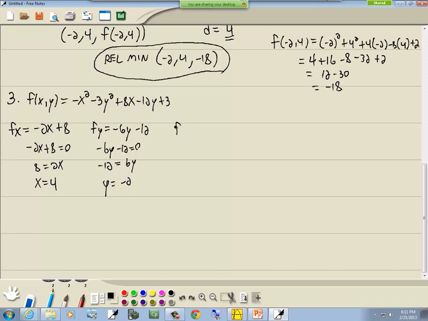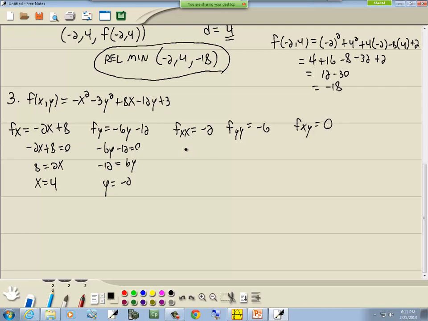Well, we need our second partials. So I'm going to take negative 2x plus 8 and take it again with respect to x, our partial with respect to x, which gives us negative 2. We're going to take negative 6y minus 12, take it again with respect to y. That gives us negative 6. And then the partial of negative 2x plus 8 with respect to y gives us 0.